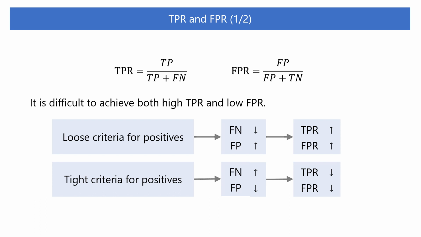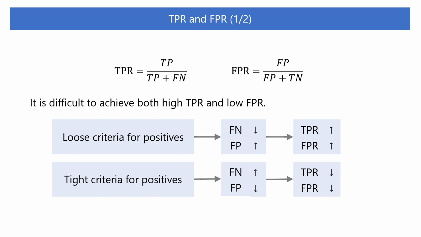Let's recap true positive rate and false positive rate. True positive rate is the ratio of true positives to the sum of true positives and false negatives, which represents the proportion of actual positives that were correctly identified by the model. False positive rate is the ratio of false positives to the sum of false positives and true negatives, which represents the proportion of actual negatives that were incorrectly identified as positives.